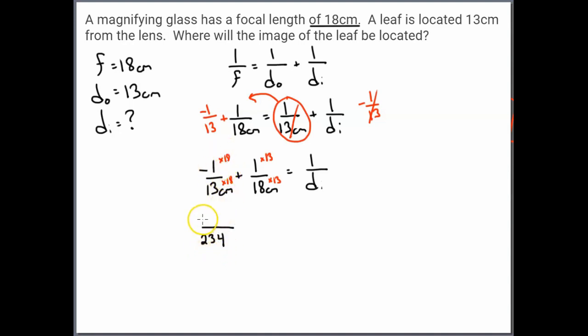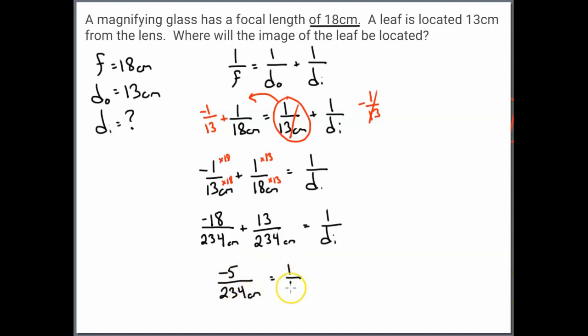So this fraction is minus 18, and the other fraction is 13 over 234 centimeters. And that equals 1 over DI. So now we have negative 18 plus 13. So that's negative 5 over 234 centimeters, which is 1 over DI.